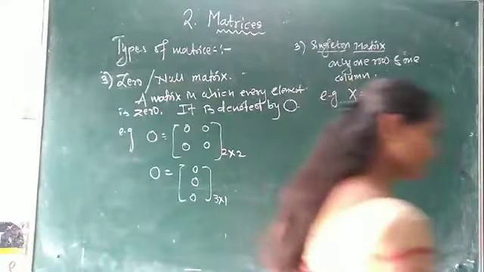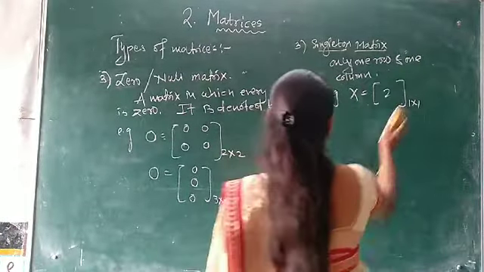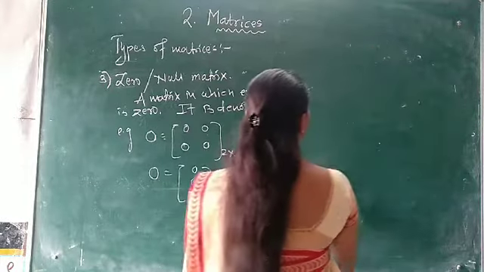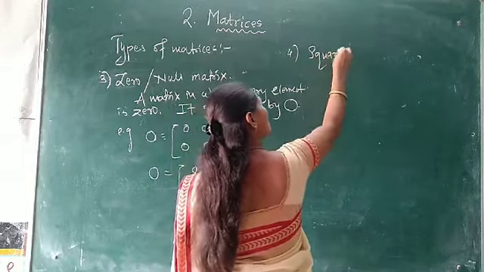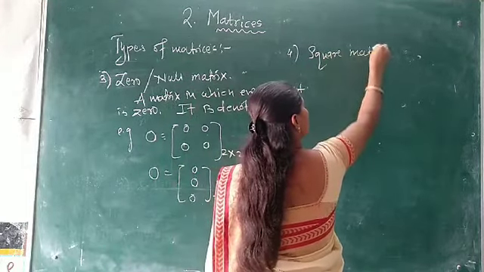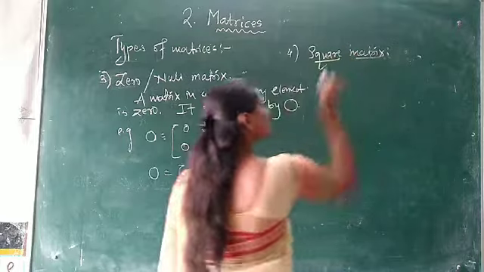Now the next one is a square matrix. The fourth matrix is a square matrix, which is a very important matrix. What is meant by a square matrix?